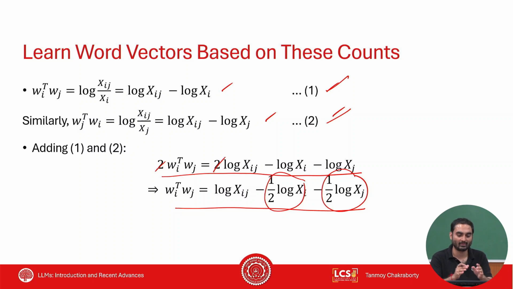And when I model this using a neural network, I will assume that this is a bias term associated with the word i, and I will again consider this as a bias term associated with the word j.